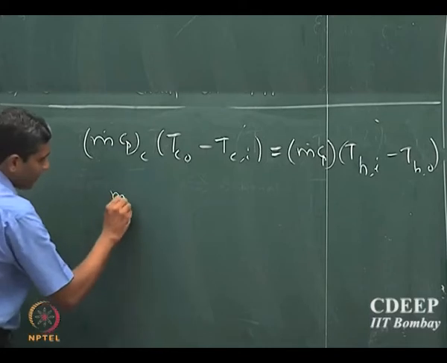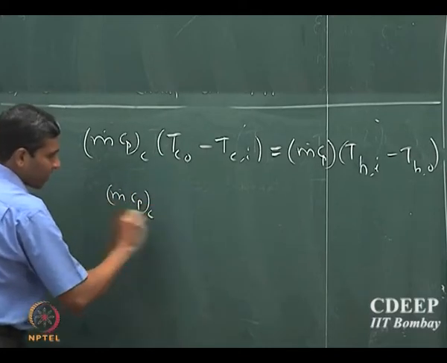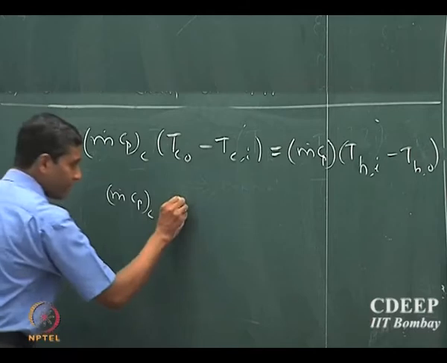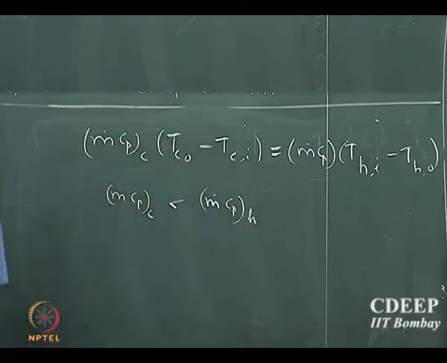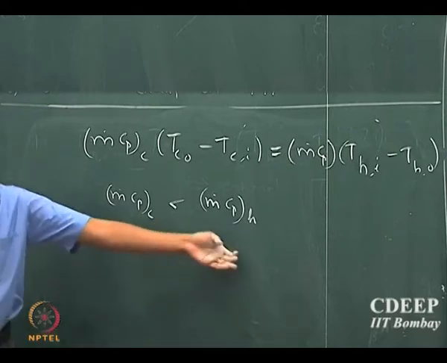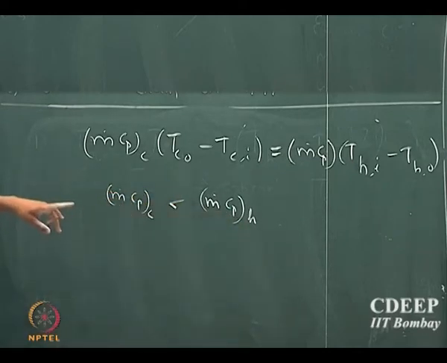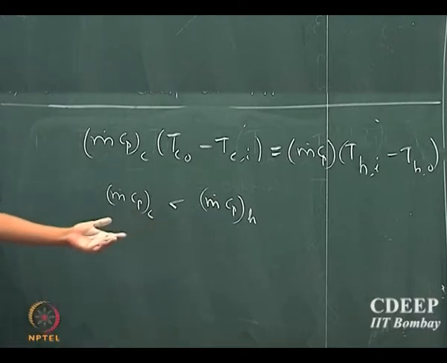Now, suppose m dot Cp of the cold fluid is lesser than m dot Cp of the hot fluid. The exercise is to find out theoretically which of these two streams is actually going to reach the maximal temperature difference. Really, what you need to use to find the maximum heat transport rate is to find out which stream is likely to achieve the theoretical temperature difference.